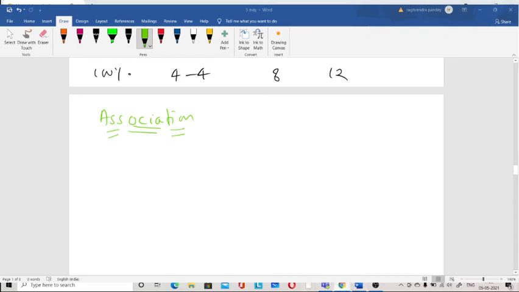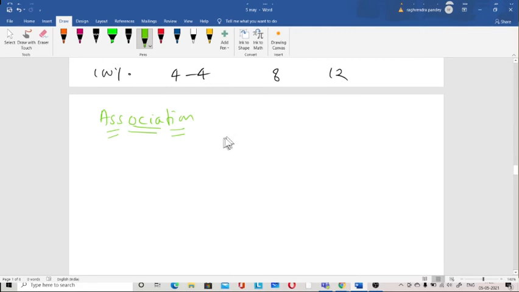Now in association, suppose this is your ethene, and I take 10 moles of ethene and heat it at very high temperature. It is converted to polyethene. That is called association.